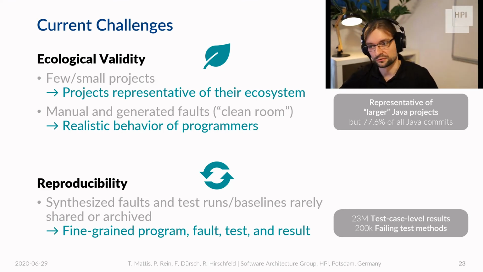It's probably not representative of certain industry categories, but concerning GitHub, at least we're representative of these larger projects. Concerning reproducibility, if you think of this CSV file, we have very fine-grained test results here. So we can basically apply any metric to evaluate our test schedules.